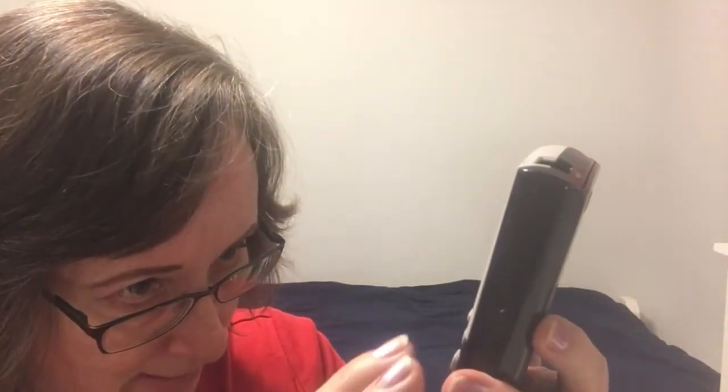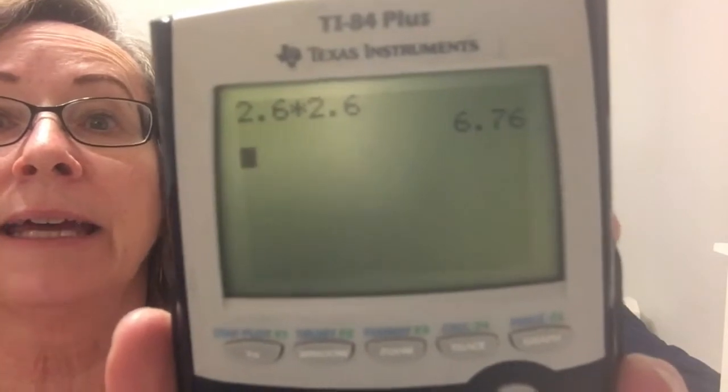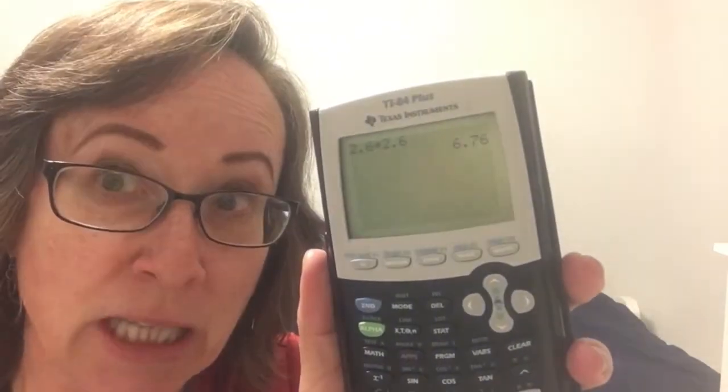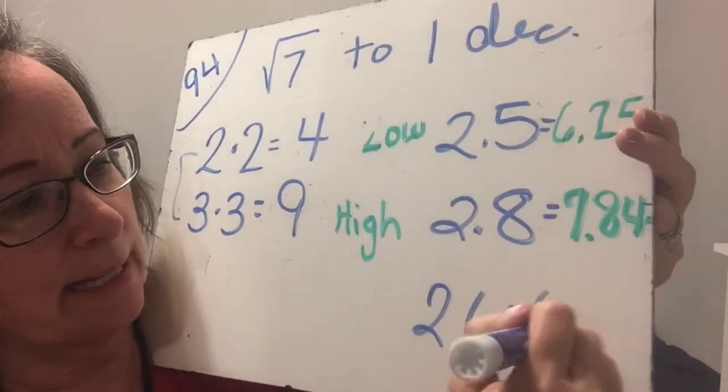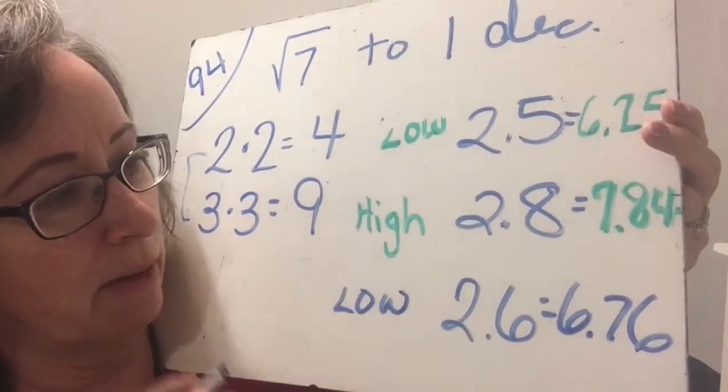I pressed the wrong button. I divided. So let's clear that up. 2.6 times 2.6, and I get 6.76, which is a lot closer, but still too low. So 2.6 was 6.76, and it is too low.